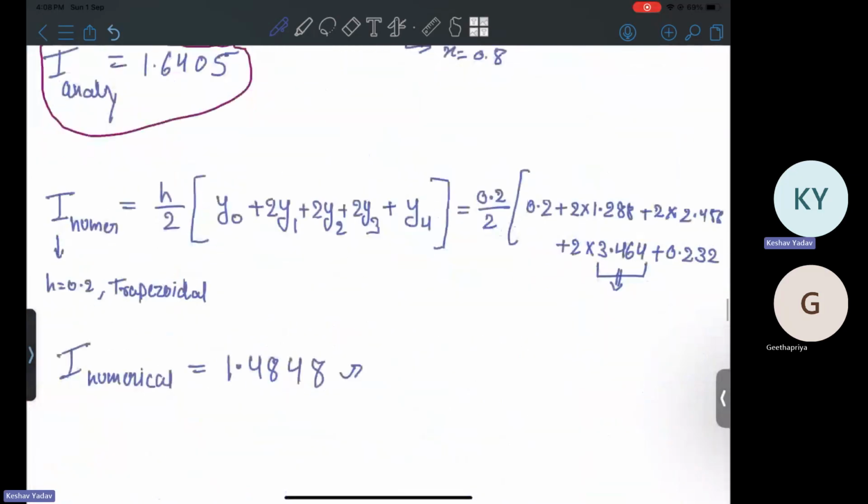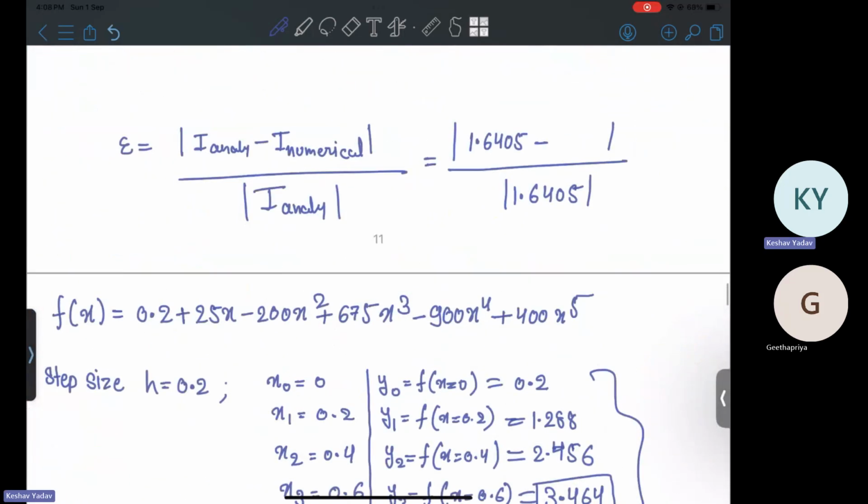So what value have we found? 1.4848, right? Now if I find the difference, 1.6405 minus 1.4848, divided by 1.6405, it is 0.094.